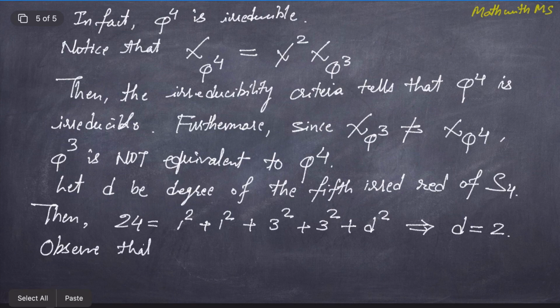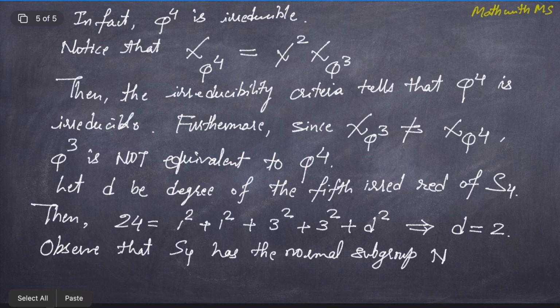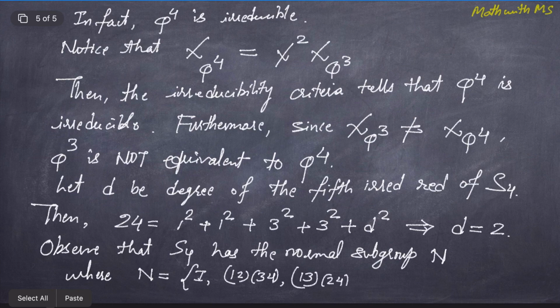Alright. So for that we apply a trick. Observe that S4 has the normal subgroup N, where N consists of these permutations: identity, (1 2)(3 4), (1 3)(2 4), and (1 4)(2 3).